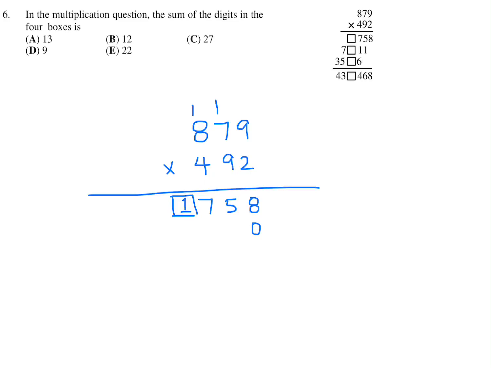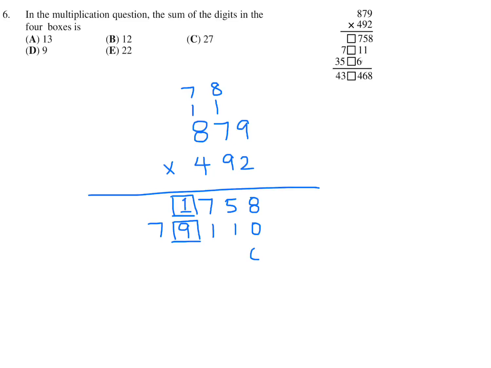Then we go again. 9 times 9 is 81. Carry the 8. 9 times 7 is 63. Plus 8 is 71. Carry the 7. And then 9 times 8, I believe, is 72. Plus the 7 is 79. And we've got another box.